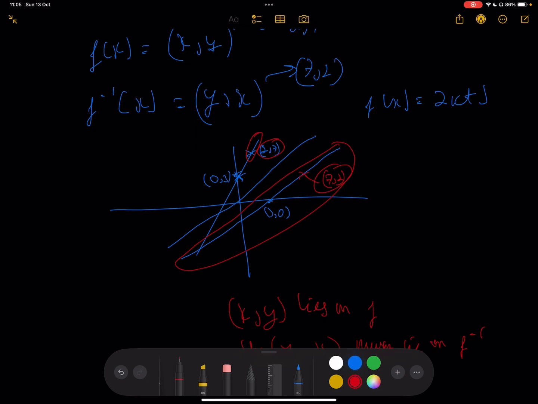If something like 1, 5 was on this line, then 5, 1 must be somewhere on the inverse function's line. So you can do these tests and these small tricks to make sure that you've got it right. Because if you don't have the inverse of each coordinate, then it would be incorrect.